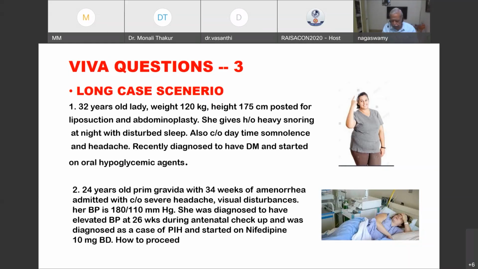This is a common question that you will first get if you get a patient. Gestational hypertension, overt hypertension, gestational hypertension with pre-eclampsia, gestational hypertension with eclampsia, and chronic hypertension. Okay.